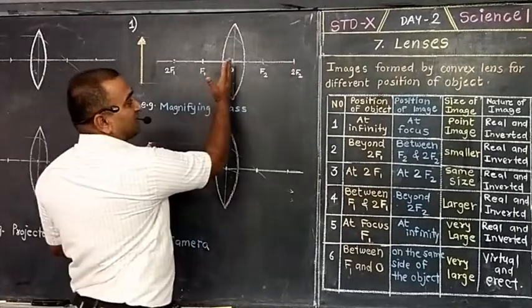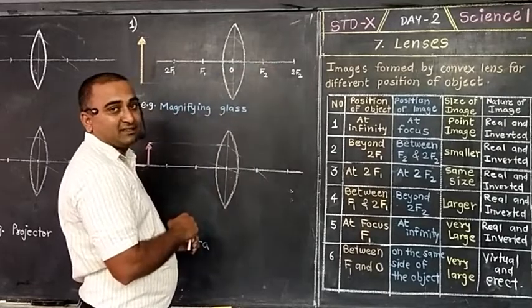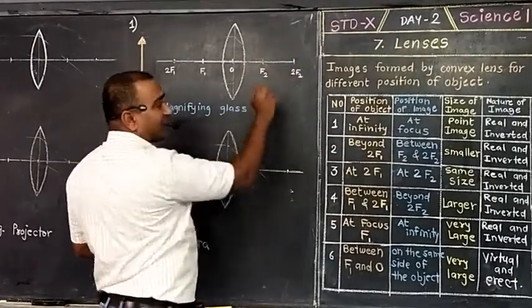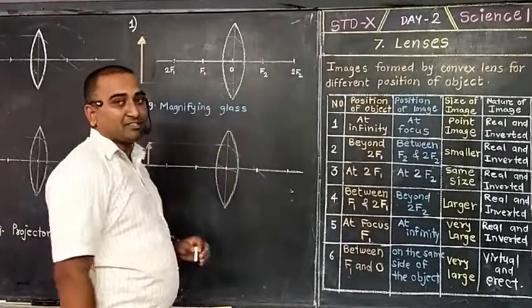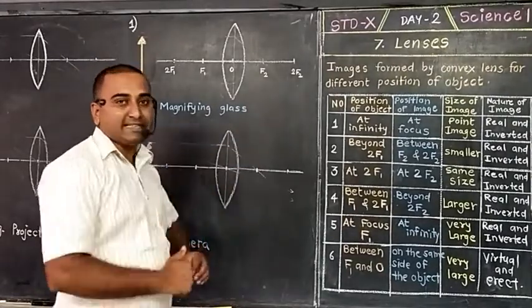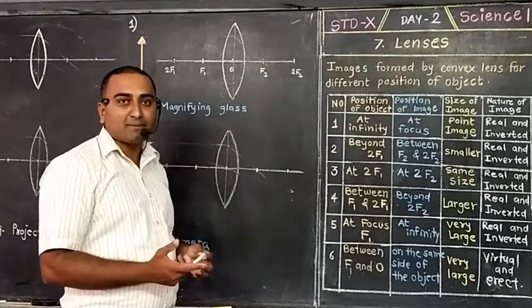See, if the image is forming towards the right side of the lens, that means in the real world we are getting that image, then that image is called a real image. The image which we get on the screen is called a real image.